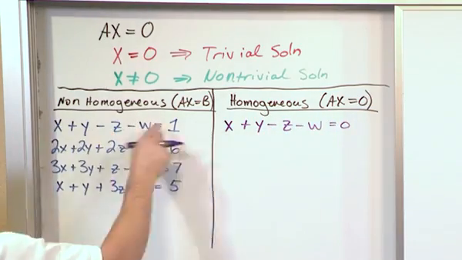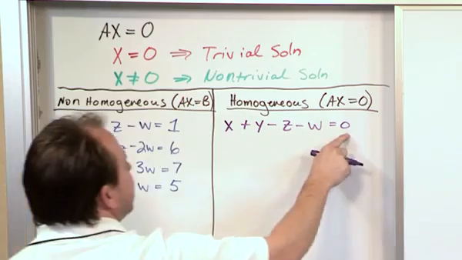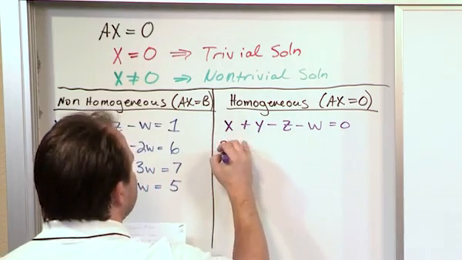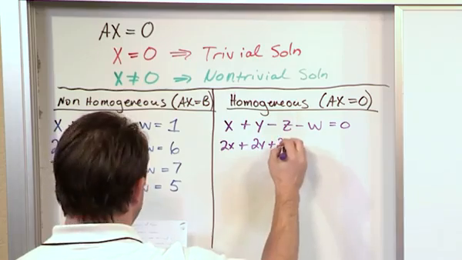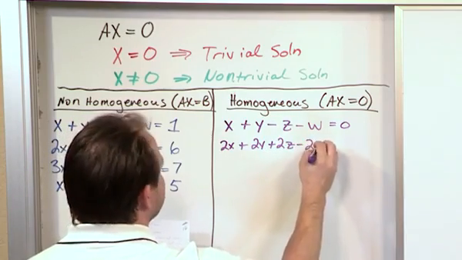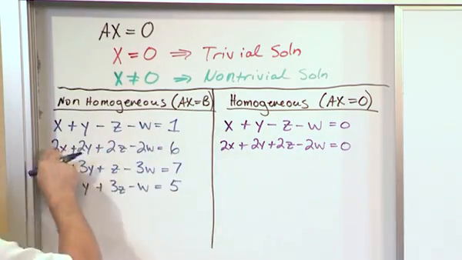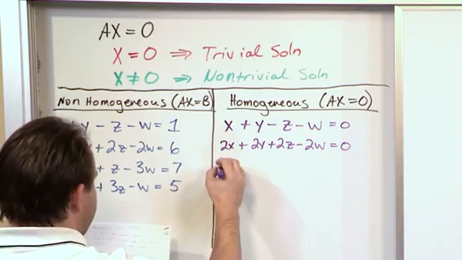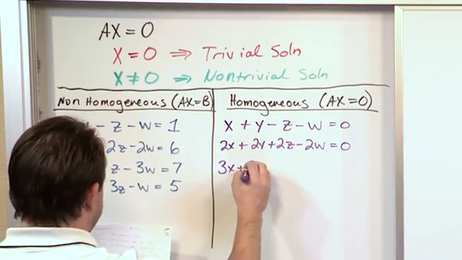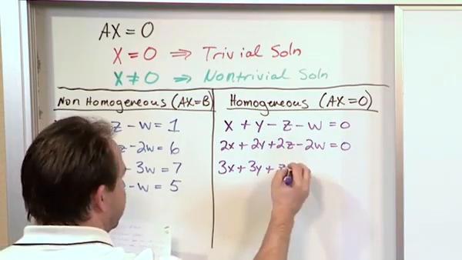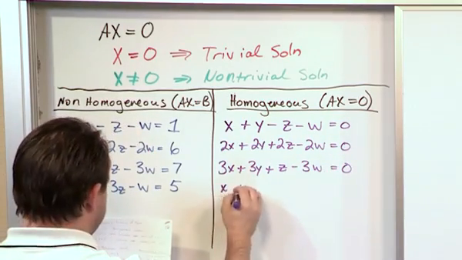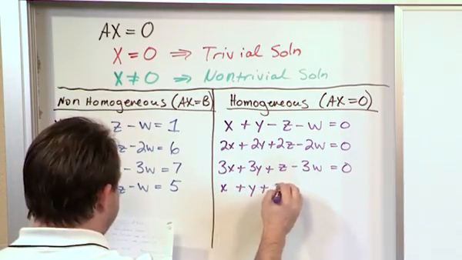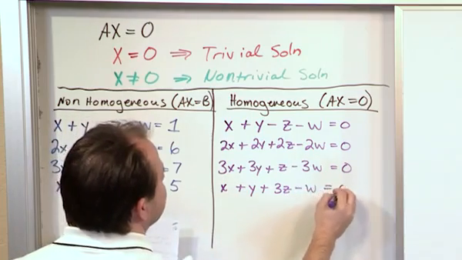Notice it's the same equation, but instead of a 1, I put a 0. 2X plus 2Y plus 2Z minus 2W is equal to 0. 3X plus 3Y plus Z minus 3W is equal to 0. And X plus Y plus 3Z minus W is equal to 0.